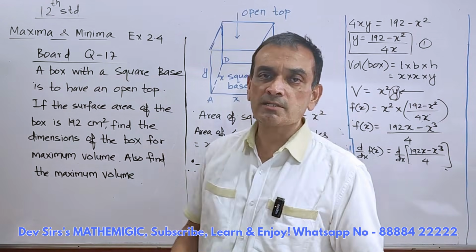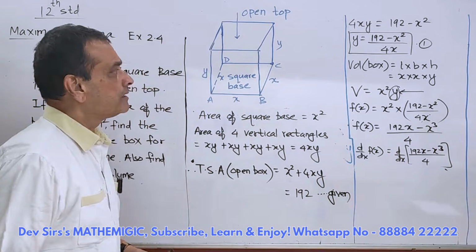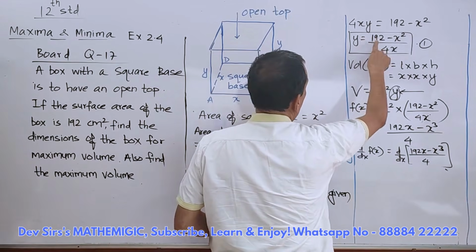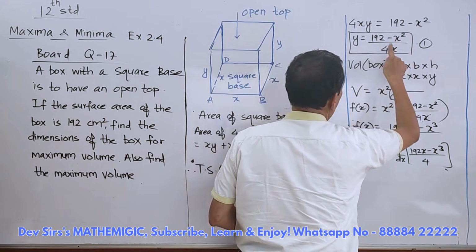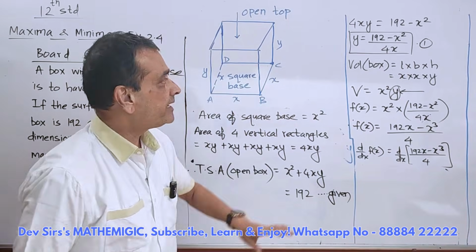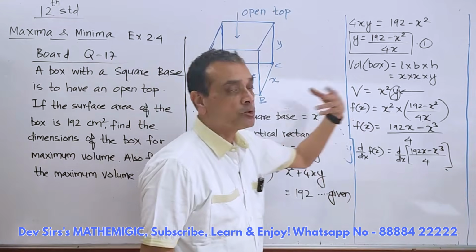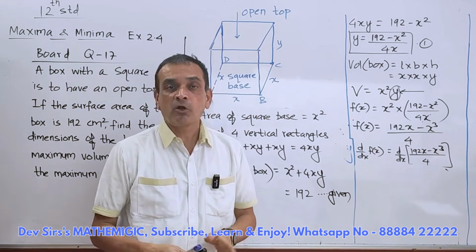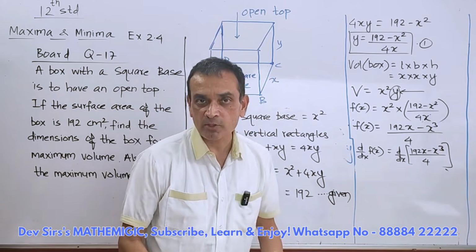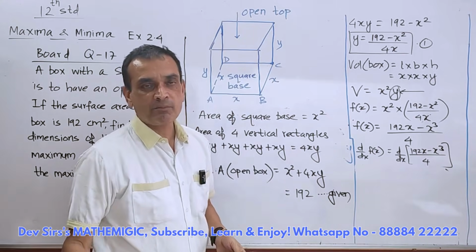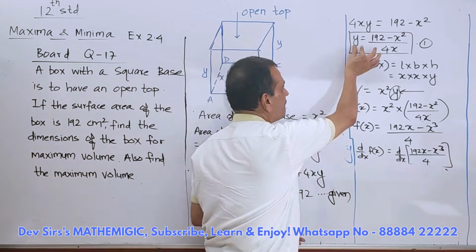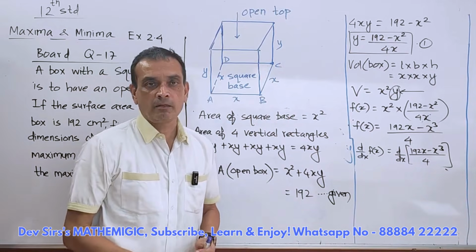Okay, x squared goes on the other side as 192 minus x squared. So y is equal to (192 minus x squared) upon 4x. That is how I separate out y. We need to find the value of y, which I am going to substitute in the next step. Now, why is it required? I am coming to that. Okay. For any maxima minima problem, get the value of y, call it as equation 1.